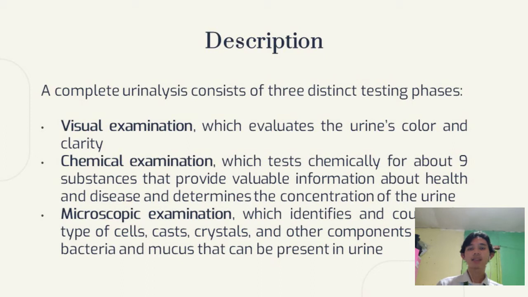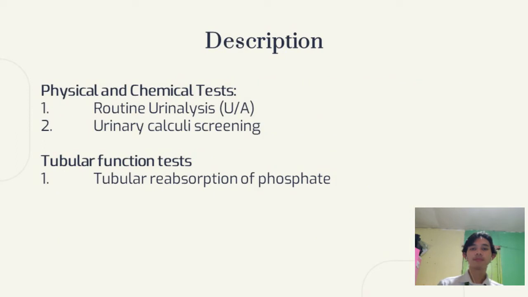And lastly is the microscopic examination, which identifies and counts the types of cells, casts, crystals, and other components such as bacteria and mucus that can be present in urine.